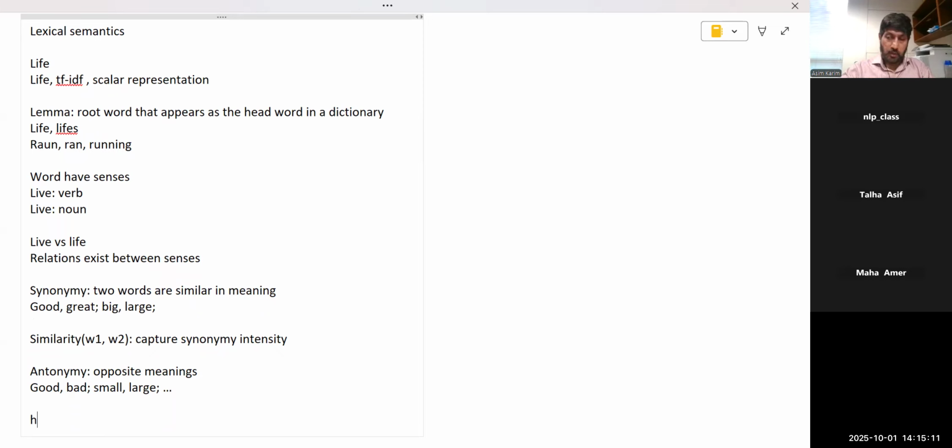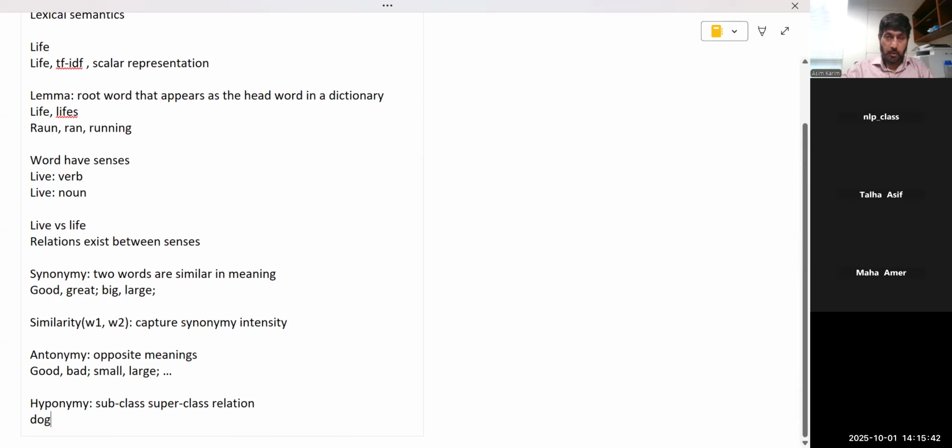So, for example, hyponymy. This relationship is the relationship between two word senses where one word is a subclass of another word. So for example, dog and animal.